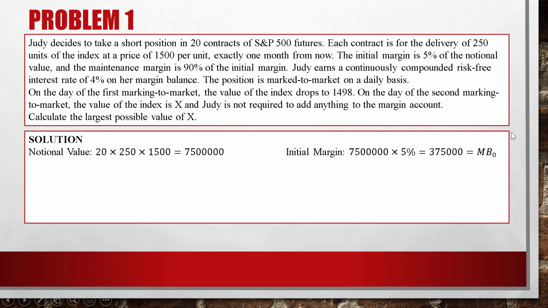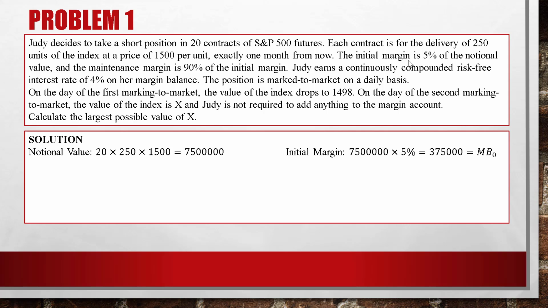Now it is given that the initial margin is 5% of the notional value, so we take the notional value times 5%. We got 375,000. This is the initial margin, and I denote it by MB0, meaning the margin balance at time 0.